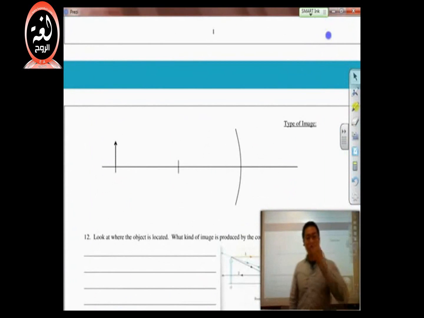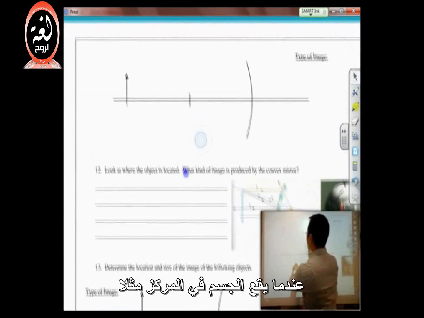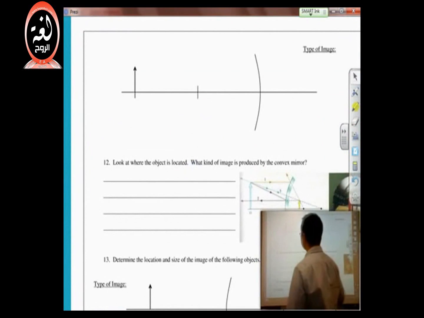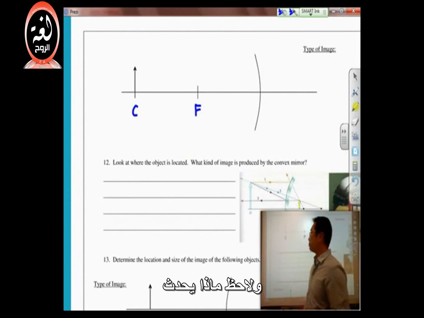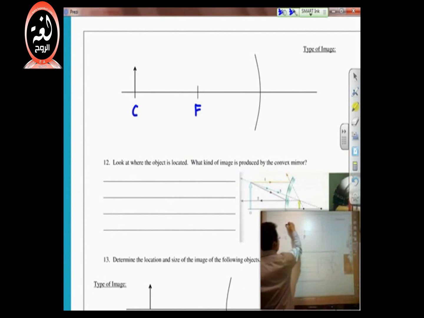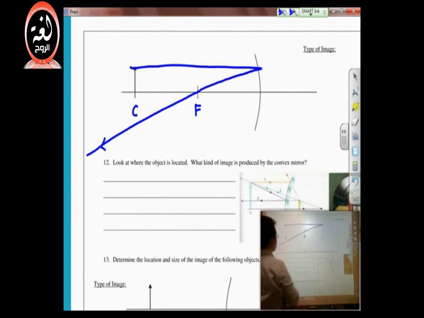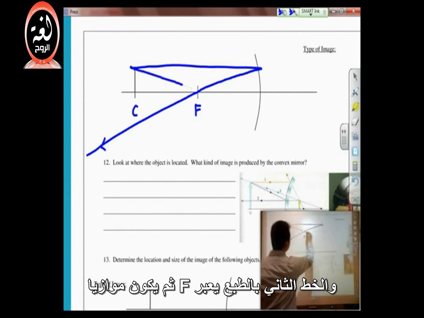Okay. Our final example over here for the concave mirror is about when the object is placed on the center instead. Again, I'll label it. And note what happens. Over here, as I go parallel, then through F, second line, of course, would be through F and parallel.